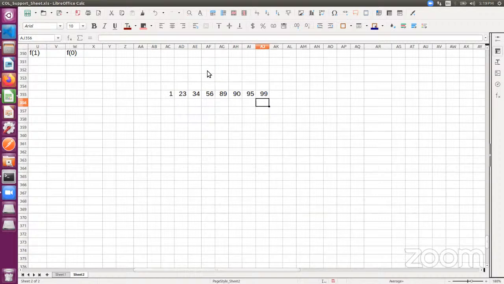Suppose you are searching for the element 56. The first step is to find the mid element. So first you need to find the index of the mid element.